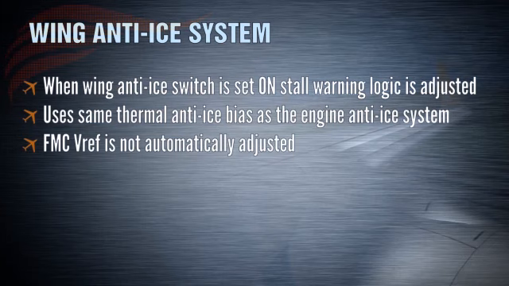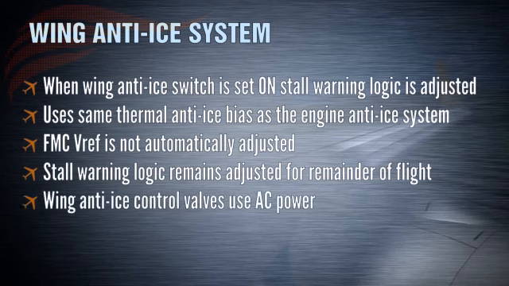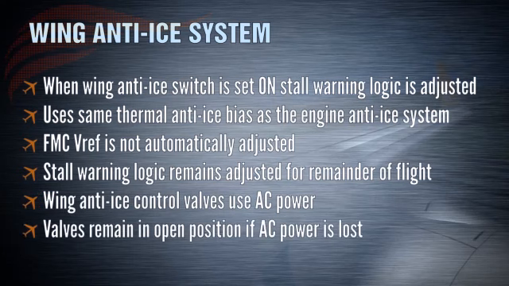Once wing anti-ice has been selected on in flight, the stall warning logic remains set for icing conditions for the remainder of the flight, even if the wing anti-ice switch is selected off again. The wing anti-ice control valves are AC powered and will remain stuck in position if AC power is lost.